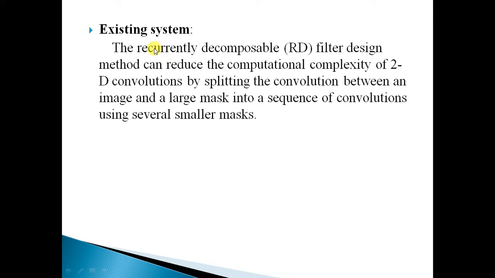The existing system of this project is the recurrently decomposable filter design method, which will reduce the computational complexity of this 2D convolution, because splitting the convolution between an image and a larger mask turns it into a sequence of convolutions using several smaller masks.